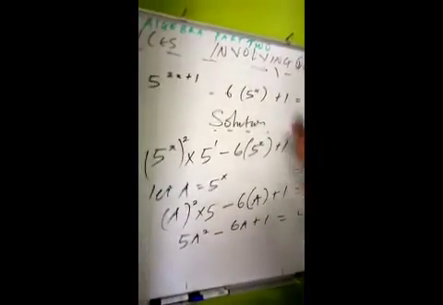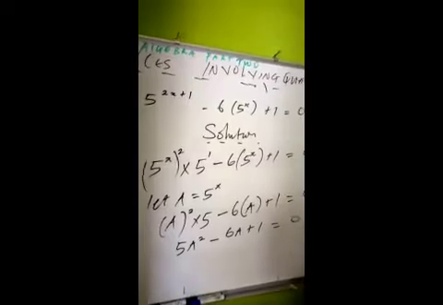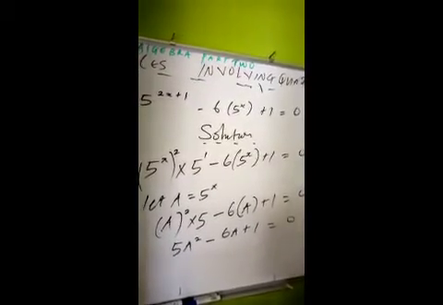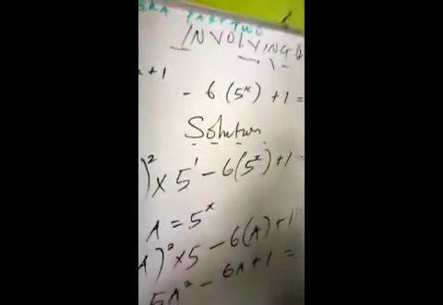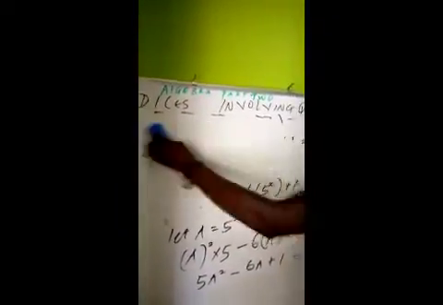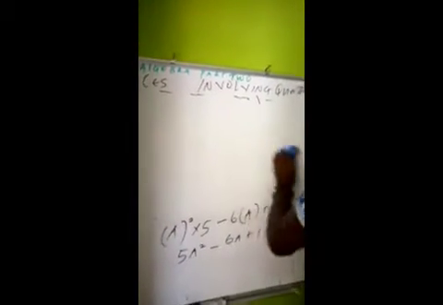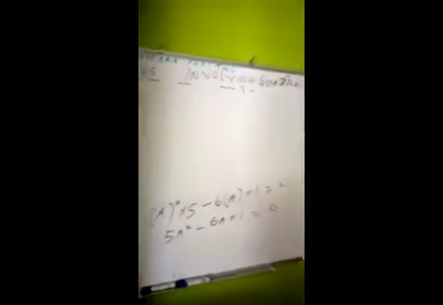So let's go straight by using another method. First one, I could make use of the factorization method. Let me use the general formula. The reason why I'm using two methods is so that if you forget this one, then you remember this.